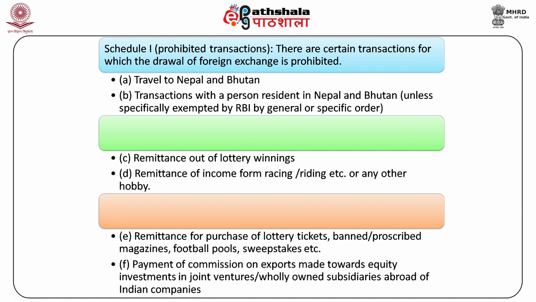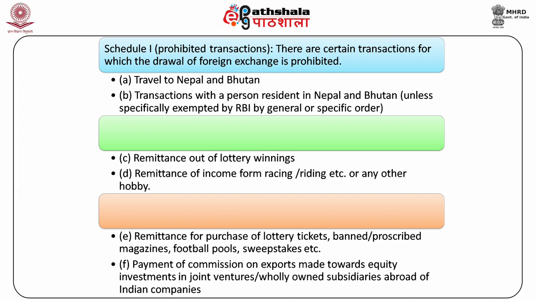C. Remittance out of lottery winnings. D. Remittance of income from racing, riding, etc. or any other hobby. E. Remittance for purchase of lottery tickets, banned prescribed magazines, football pools, sweepstakes, etc.